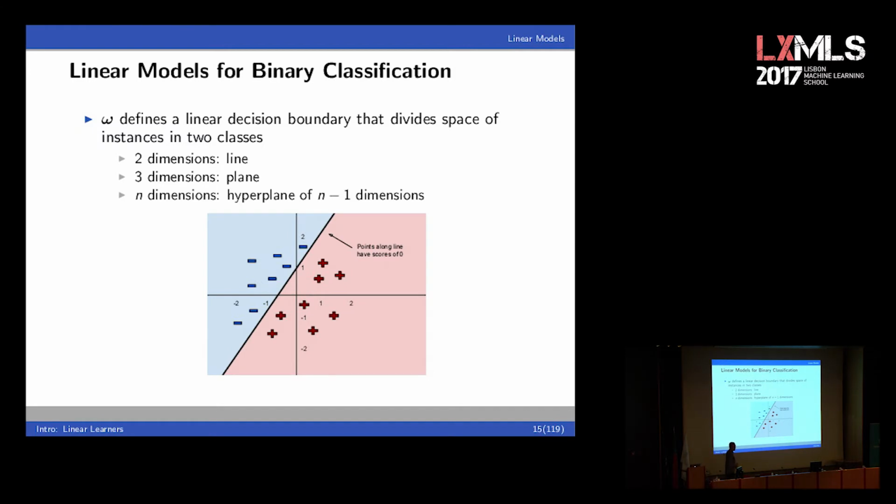So this is the picture everybody has seen in textbooks from the 80s and 90s, binary classification. A linear model can be seen as a model that builds a hyperplane in n-dimensional space between positive and negative instances. So in two-dimensional space, that's a line.